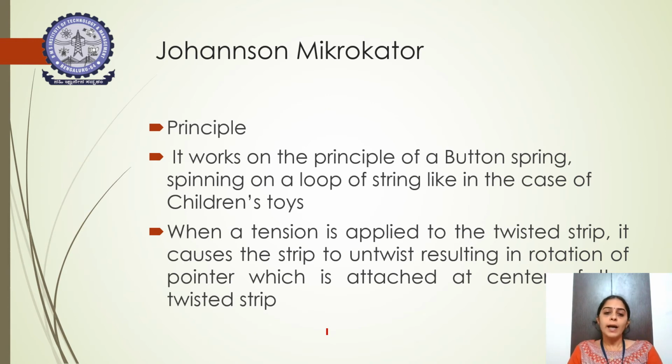Whenever you have tension in the twisted strip, it causes the strip to untwist, which results in rotation of the pointer of your Johansson Mikrokator, and this deviation shows how much it has rotated depending upon the tension applied on the twisted strip.